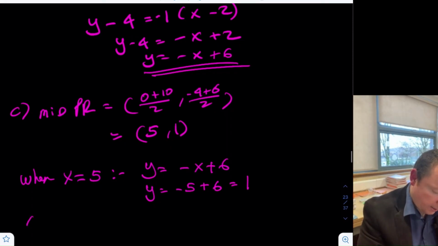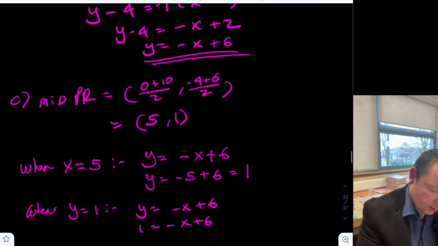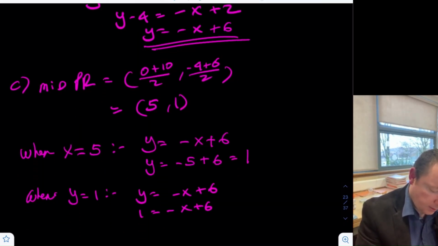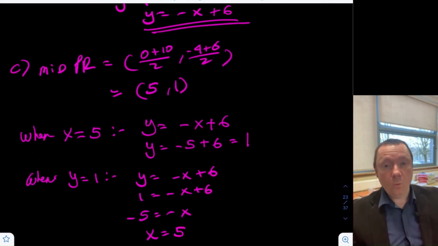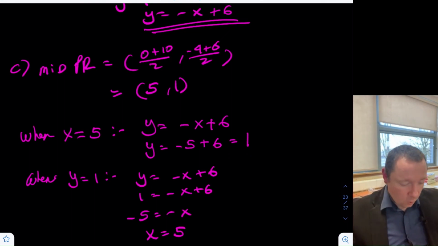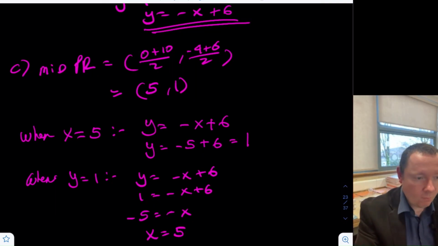And then when y equals 1, 1 equals minus x plus 6. So minus 5 equals minus x, or x equals 5. So we've just shown that 1 and 5 both work, and therefore the line passes through the midpoint of PR.